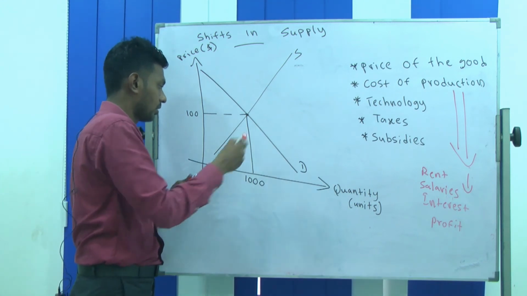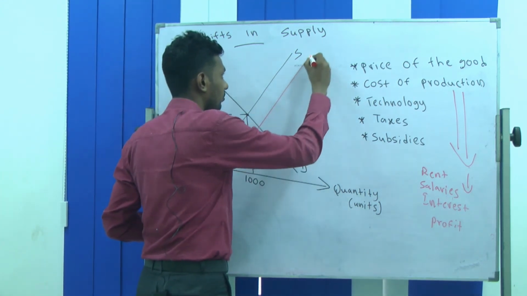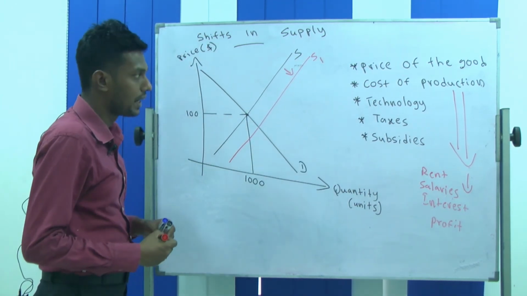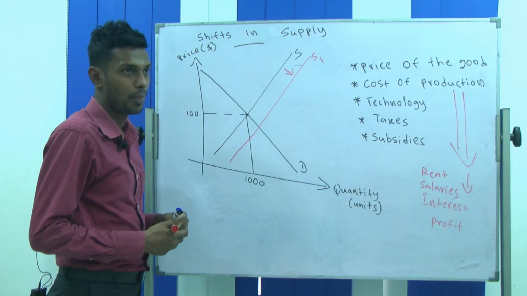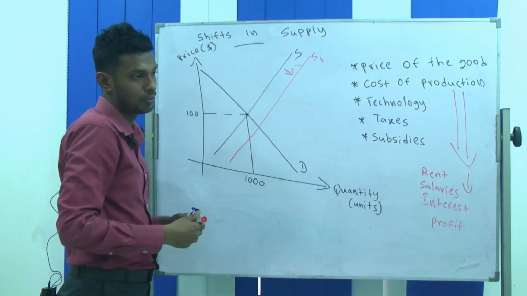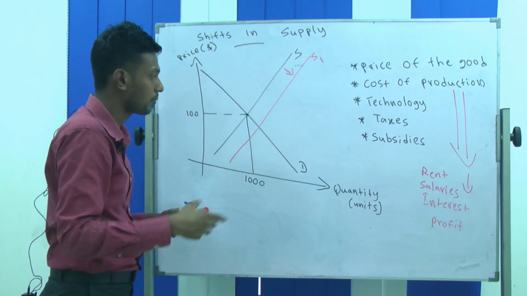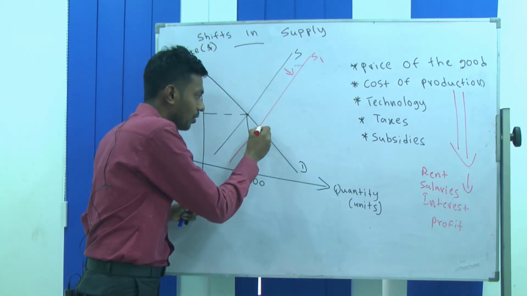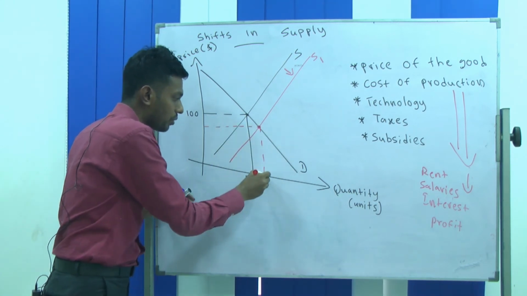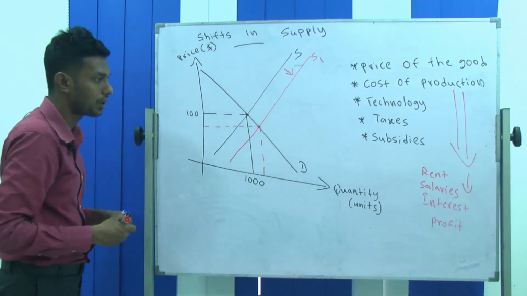They are motivated to supply more. Automatically, what happens? The supply curve shifts to the right. An increment in supply will shift the supply curve to the right. Again, we will be having a new interception point. Now, what happens?